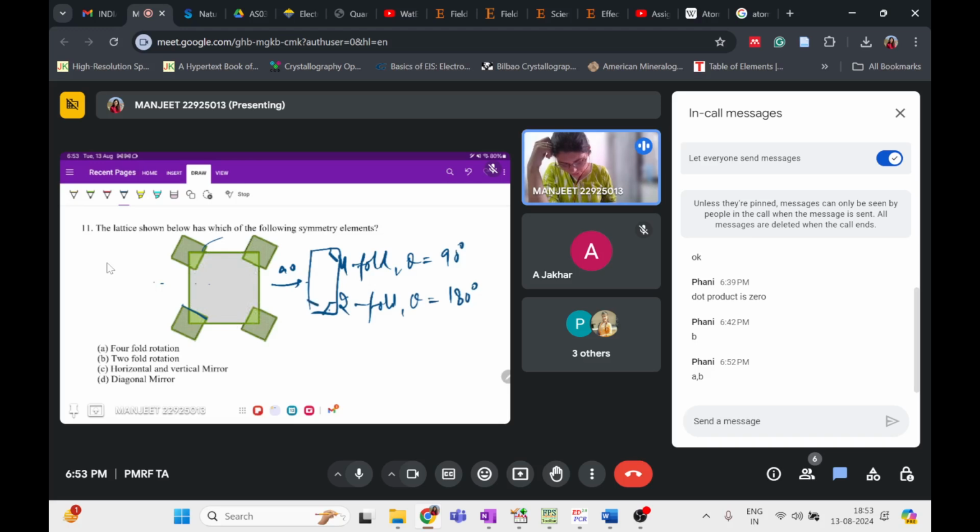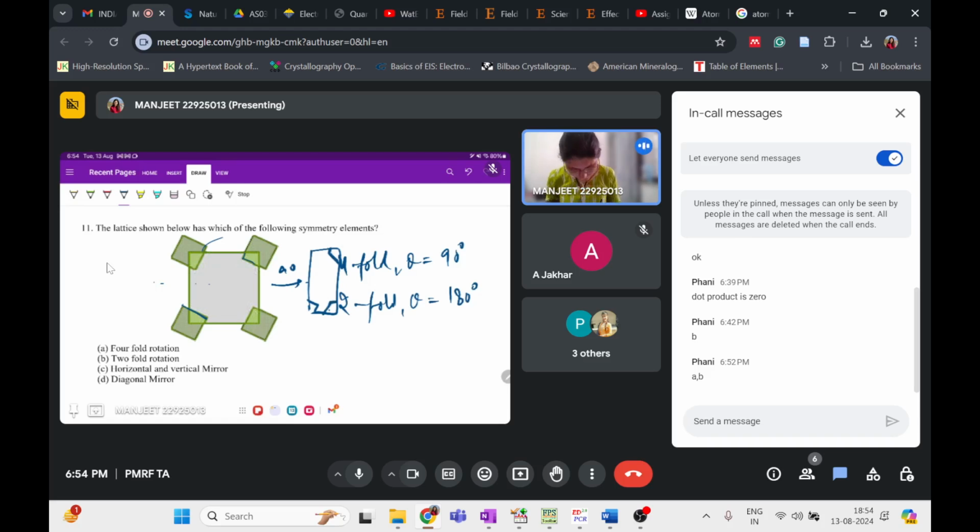Because the portions inside the square are not the same. These are one and second. Again, if I focus on this one only, this is the smaller one and this is the bigger one.